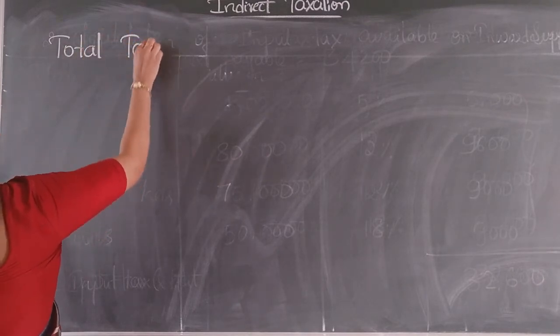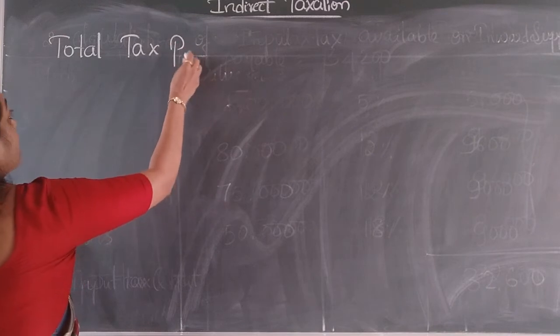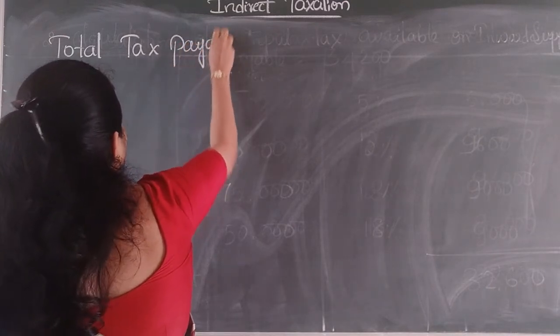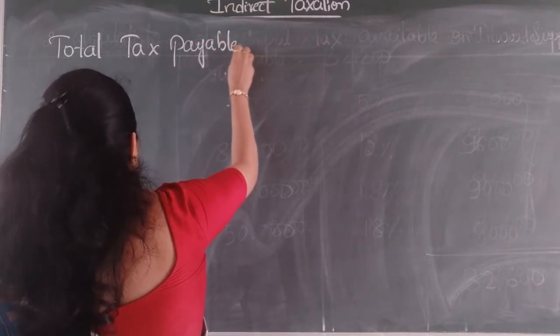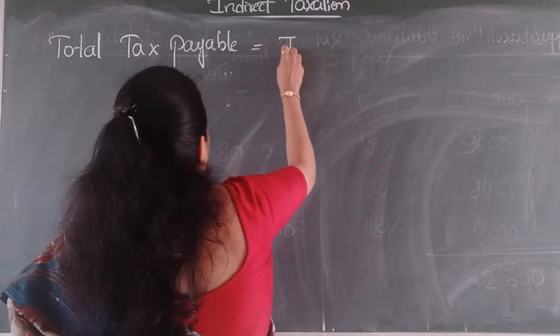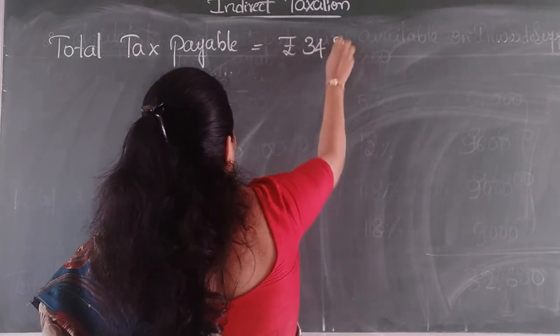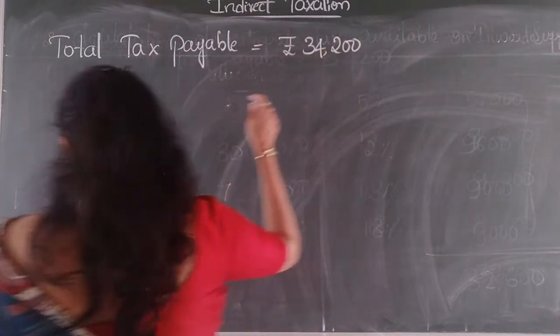So next you need to find out the total tax payable through the output supplies, which is rupees 34,200. Okay.